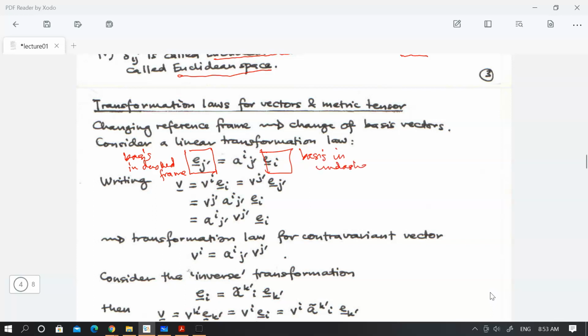Remember, we need to compare reference frames, right? So the way to do it is we look at the basis first. Once you look at the basis and we know how it transforms from one to the other, let me spoil the story a little bit.